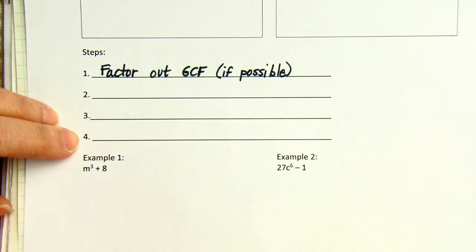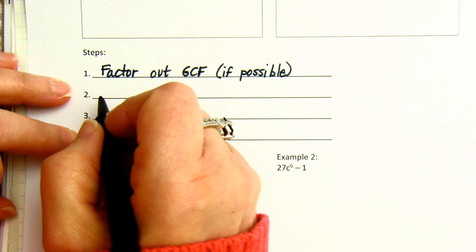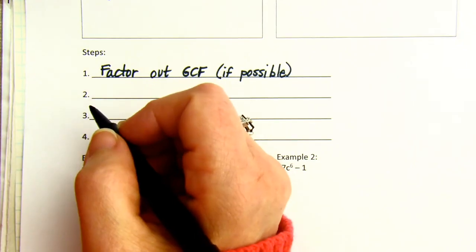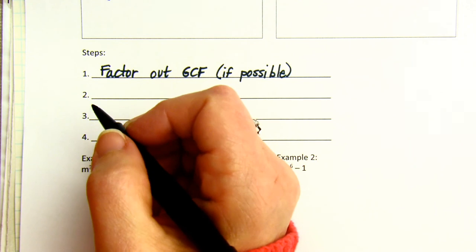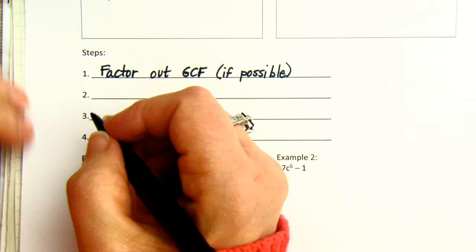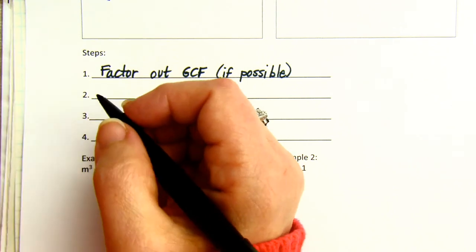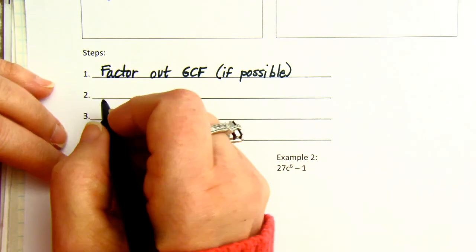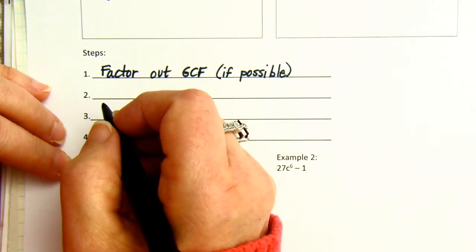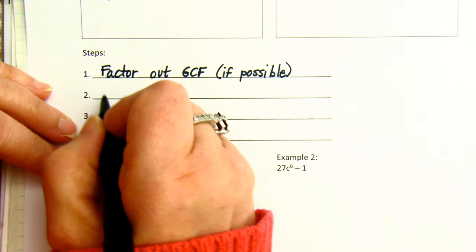Second thing, be sure that each term is a cube. Folks, if the number is 3, 3 is not a cube. 8 is a cube, right? The cube root of 8 is 2. 8 is a cube. So you have to make sure that if you are going to factor these in order to get solutions when we're solving polynomial equations, you have to make sure that they are cubes.